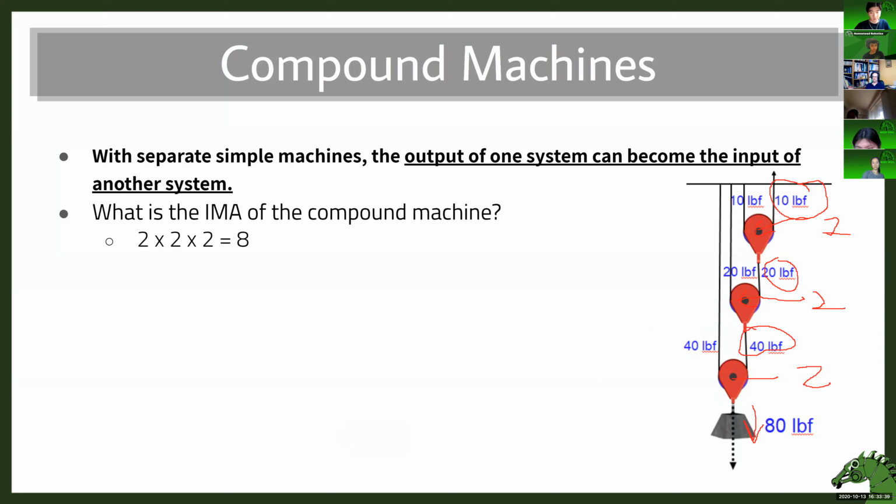That's why your 10 pounds of force is able to lift 80 pounds: with a mechanical advantage of 8, you have 10 times 8, and you get 80.